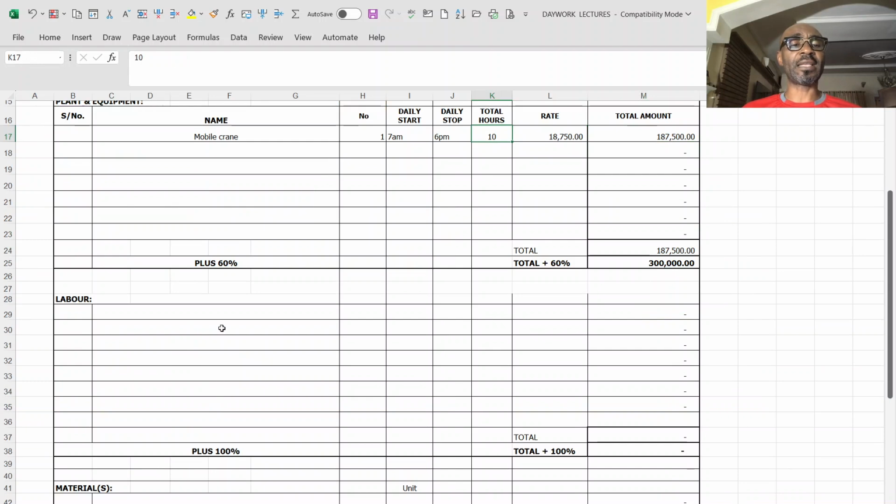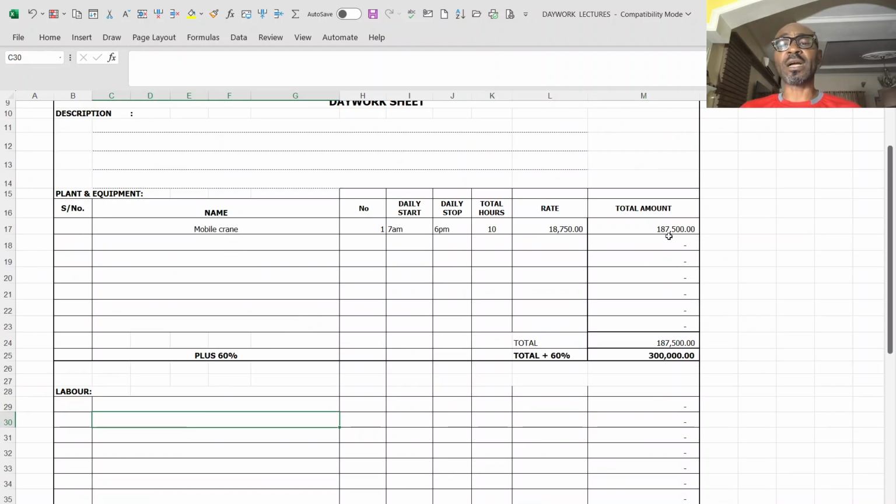So the 187,500 is the amount I have spent in mobilizing this crane, including the operator and the batman. So their cost is 187,500, and I'm expected to make a 60% profit on that, which I have applied. 1.6 of this gives me 300,000.